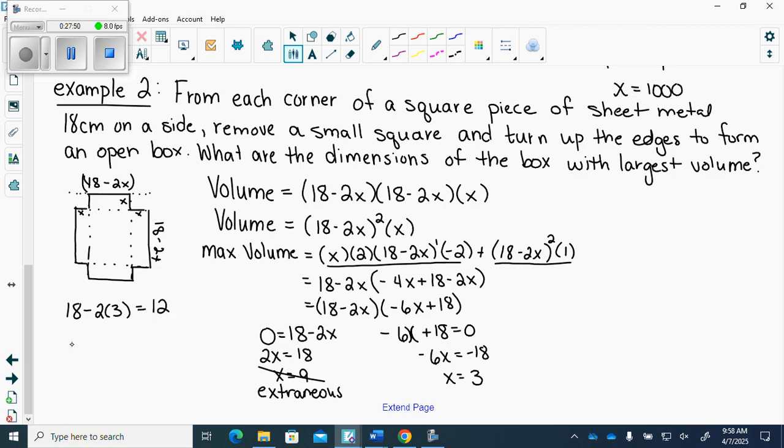So my dimensions would be 12 centimeters by 12 centimeters by 3 centimeters. Right? If they wanted max volume, I'd have to go 12 times 12 times 3. They don't. They want the dimensions of the max.